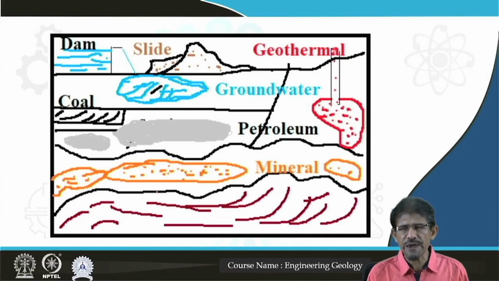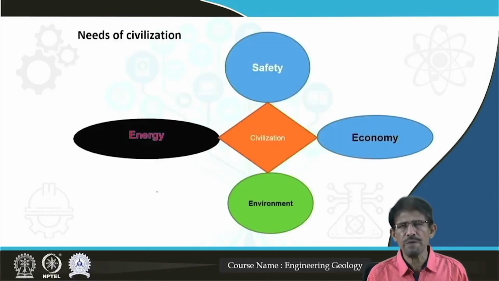Therefore, we can say that on one side, the earth crust along with some upper part of the mantle provides the sources for an improved economy, to fulfill the requirement of energy, groundwater or water, and geothermal energy, and provides a number of facilities for the welfare of society and progressive civilization.